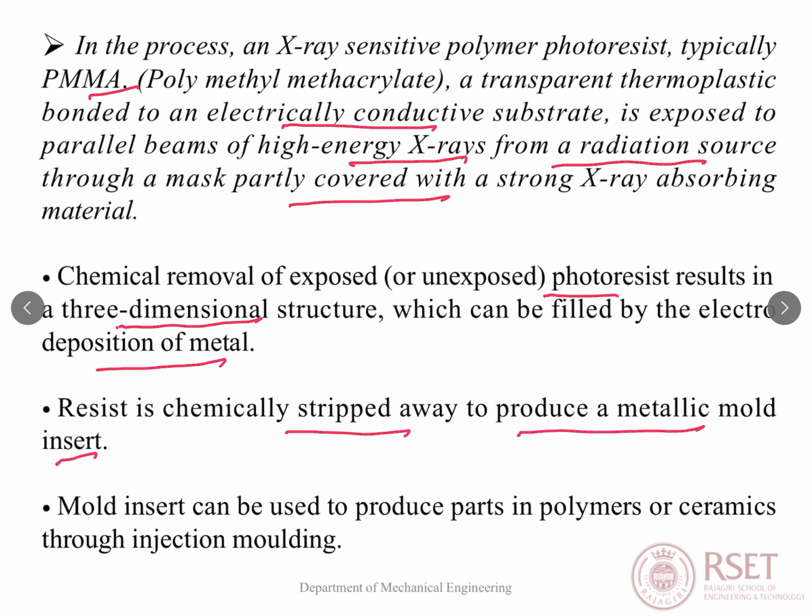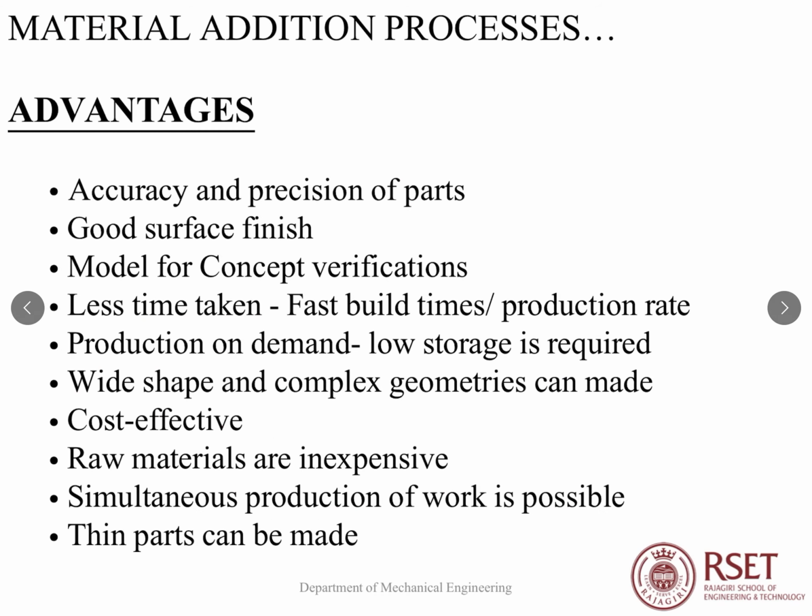The mold insert can be used to produce parts in polymers or ceramic through injection molding. Okay, this can be a mold or a final product. This can be used as a mold to produce parts in polymers or ceramic through injection molding. So that is about the LIGA process.